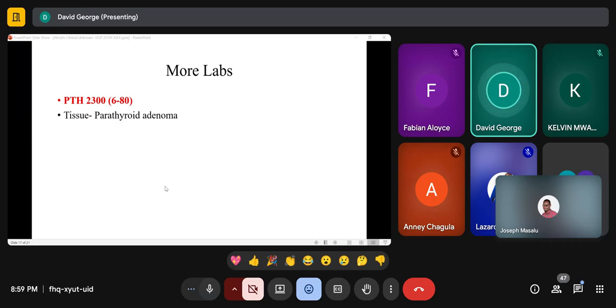I'll also show some images which were suspicious of a mass in the thyroid area. After this elevated PTH and the imaging, the patient went for surgery and tissue was taken, and the conclusion was a parathyroid adenoma.